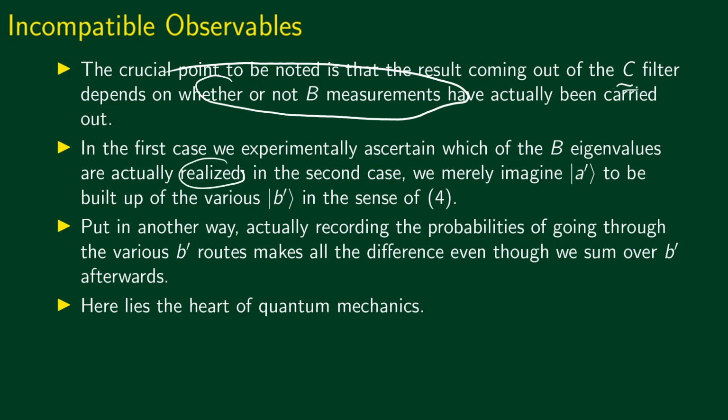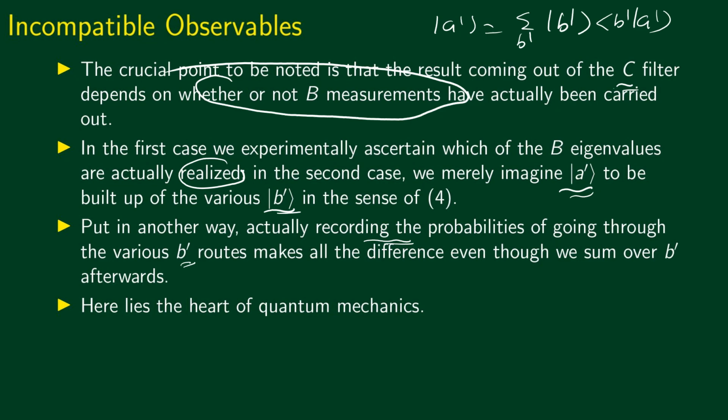In the second case, we merely imagine ket A prime to be built up of the various ket B prime: ket A prime is equal to the sum over B prime of ket B prime times the expansion coefficients, bra B prime ket A prime. Put in another way, actually recording the probabilities of going through various B prime routes makes all the difference, even though we sum over B prime afterwards.